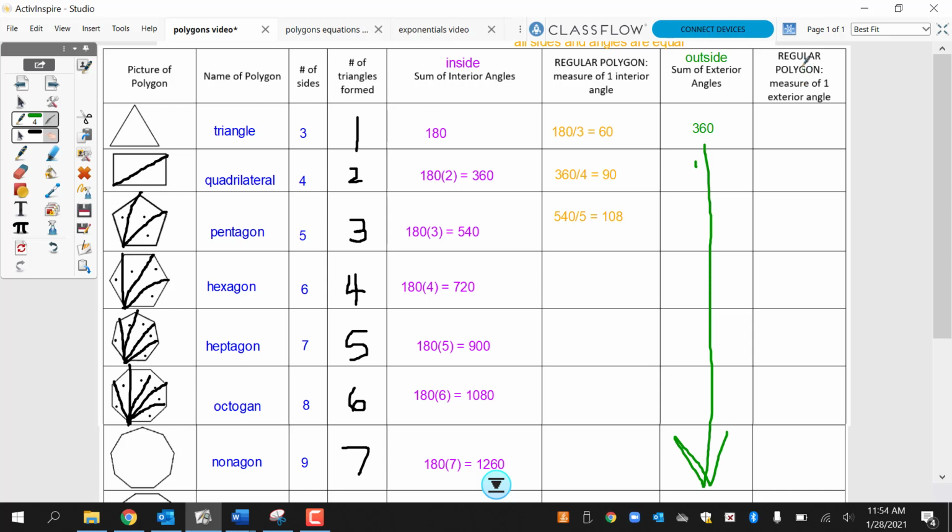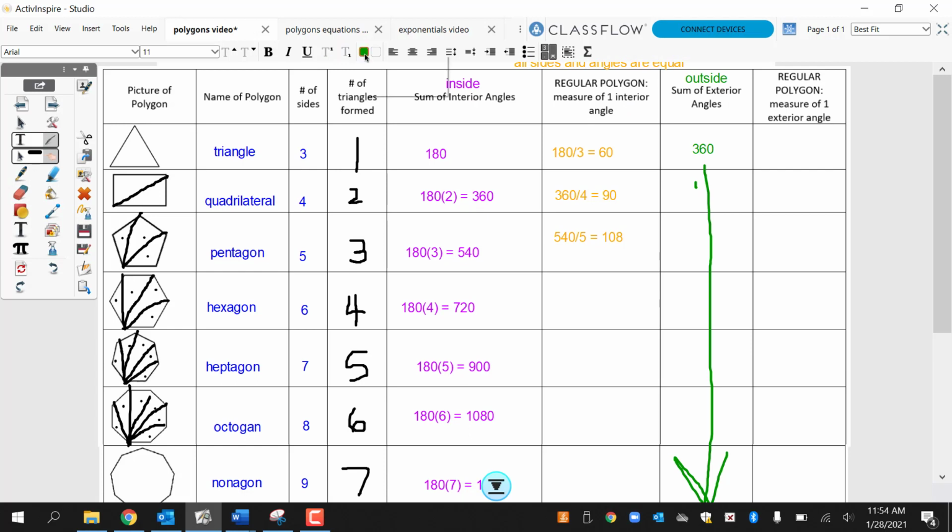All right, so if it's a regular polygon, again, that means that all the angles would be equal. So this time, if the outside angles always add up to 360, I would do the outside total divided by the number of angles, which is the same as the number of sides. So 360 divided by 3 is going to be 120.